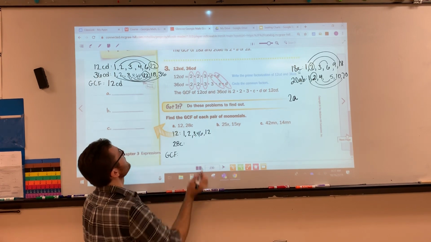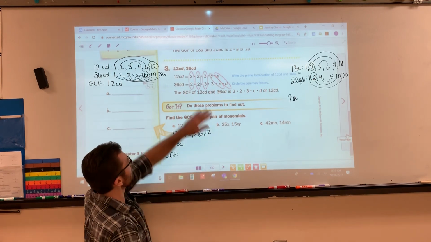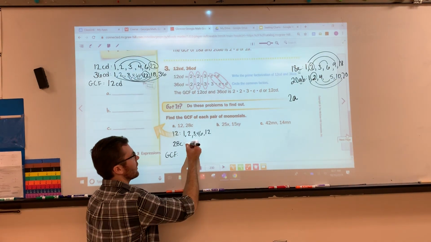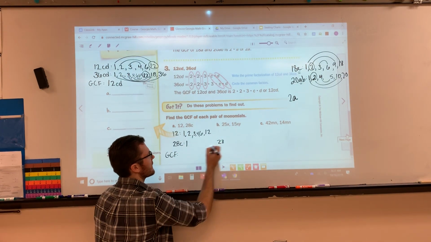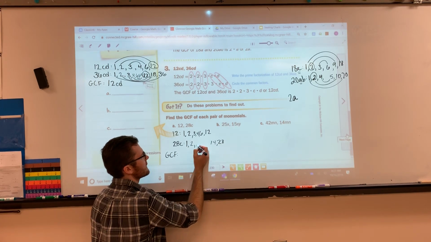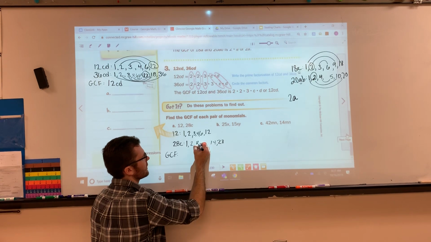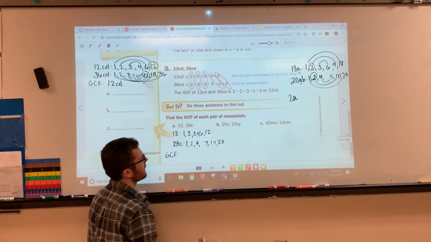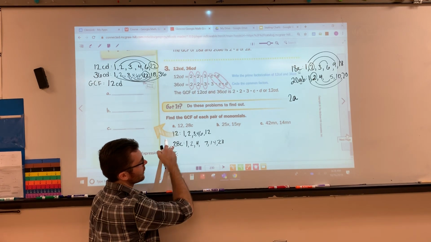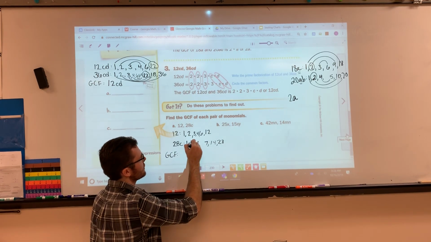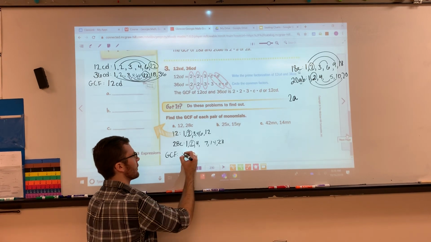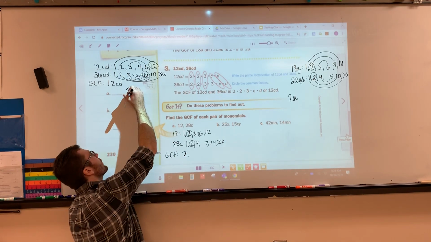Now you have already listed this multiple other places, so if you want to look at a previously made list, you can. I've got 1 times 28, I've got 2 times 14, I've got 4 times 7, and I think that's all the factors of 28. So when I look across the list, I see that they both have 2 in common and nothing else. So the greatest common factor is 2.